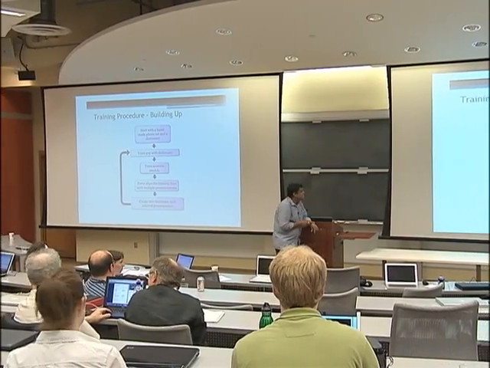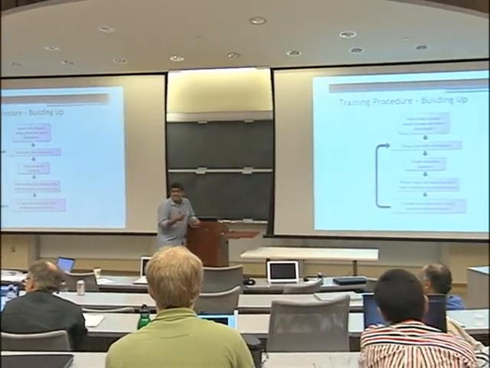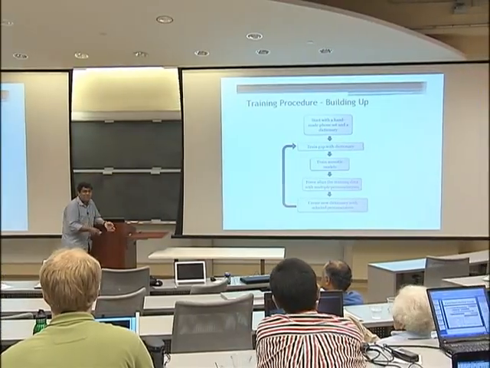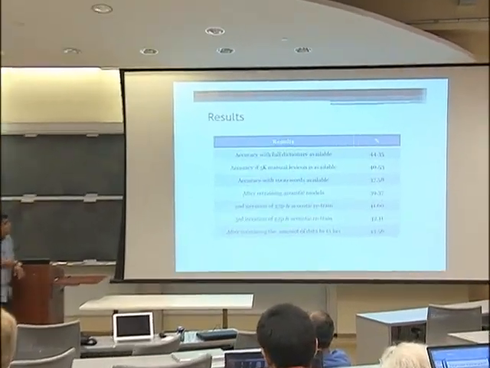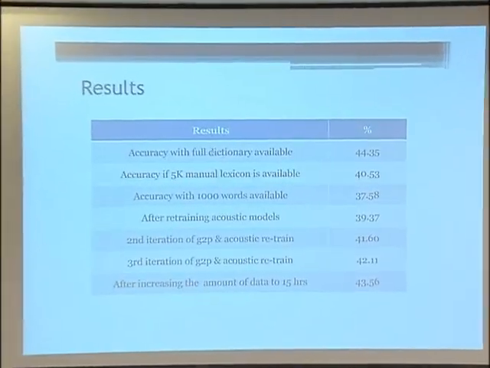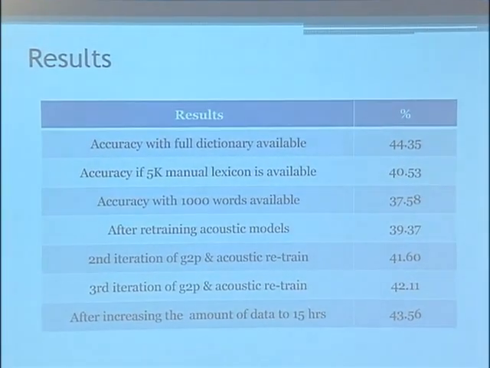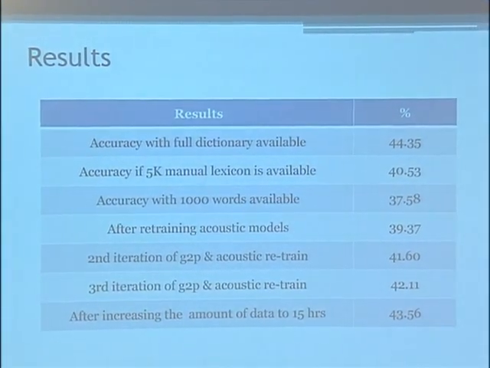All right. So we do this magic loop of keeping G2P busy with new pronunciations. To give you some feel of what's happening here: if you had the full dictionary that comes with CoreHome, given by CoreHome itself, your baseline number is 44.35.